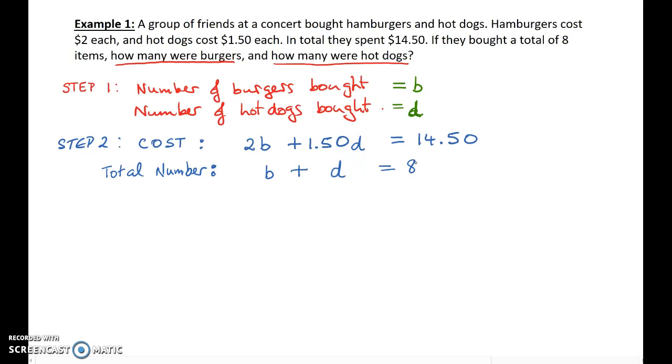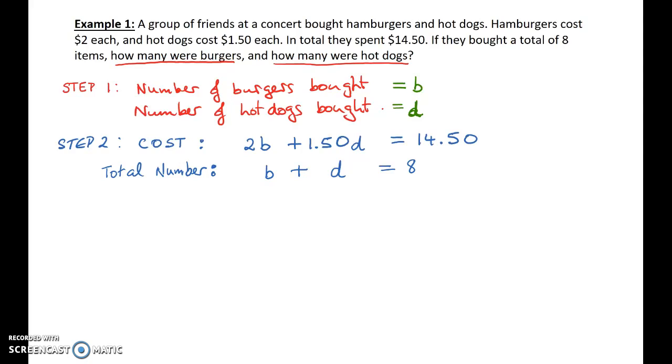We've now got two equations, one for cost and one for the total number of food items that were bought. Step 3 says, once the two equations are written, use your preferred method, which is usually substitution or elimination, to find each of the variables. So we have to look for what our method is going to be here.